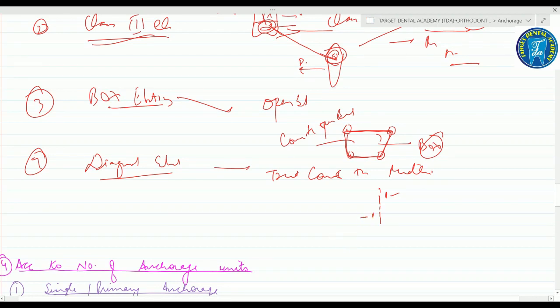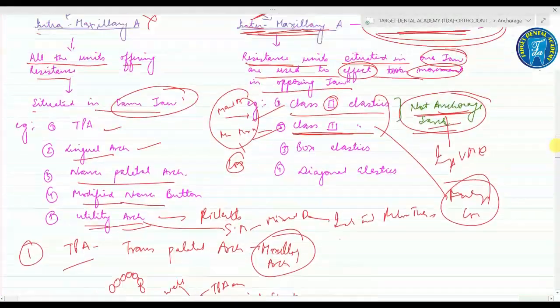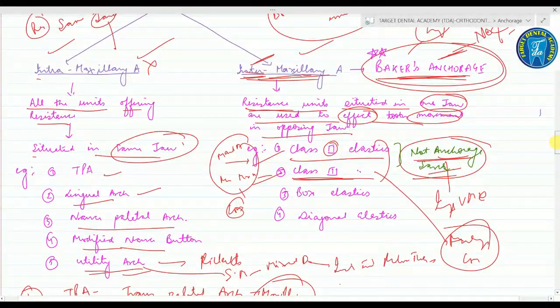So in that case you need to give the elastic in a diagonal fashion, from this canine to this canine, in this way. These are called diagonal elastics. Fine. So this is all about the intermaxillary anchorage.